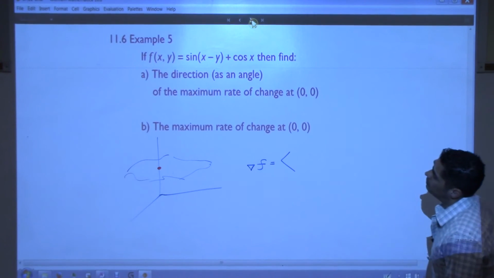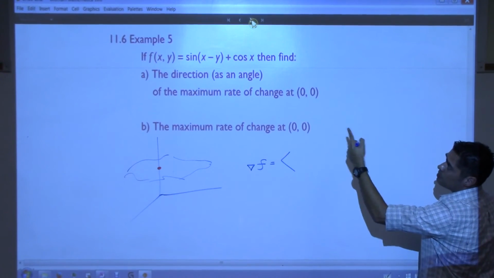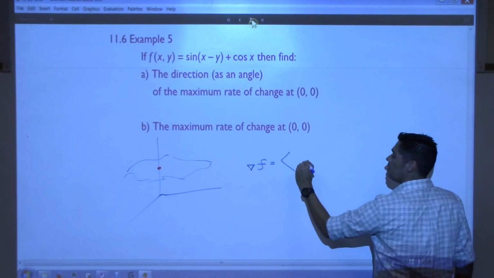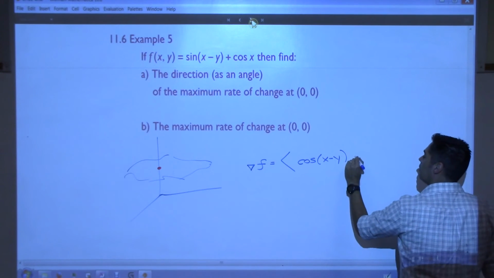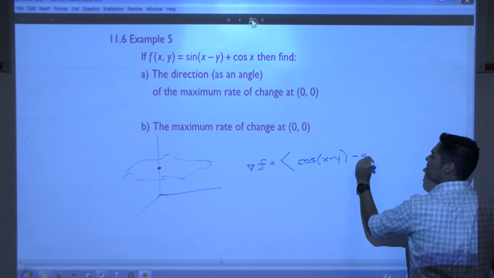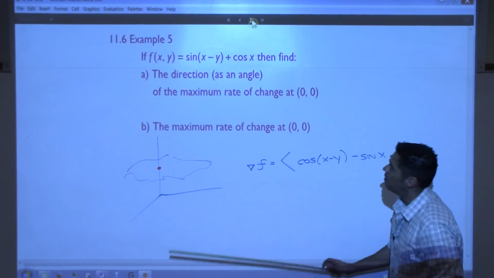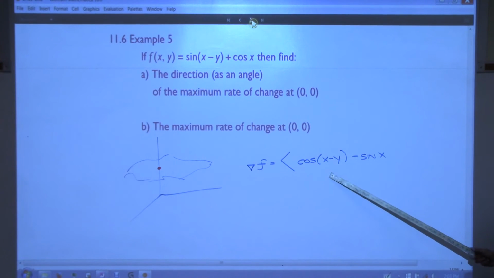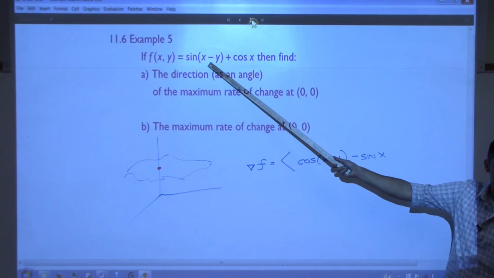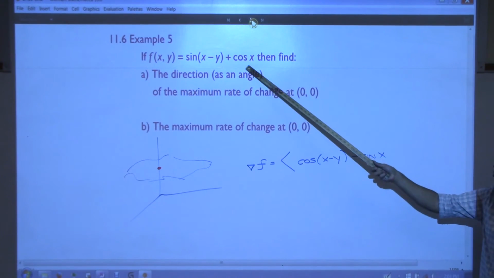Well, it's the partial of that with respect to x, which is cosine(x minus y) minus sine x, right? So you have to do the derivative of each of those. The derivative of sine of (x minus y) is cosine of (x minus y). The derivative of the inside is just 1, plus the derivative of cosine x, which is negative sine x.